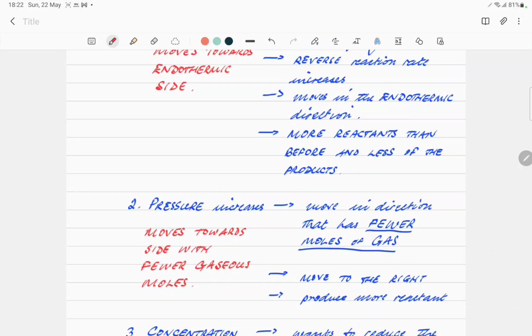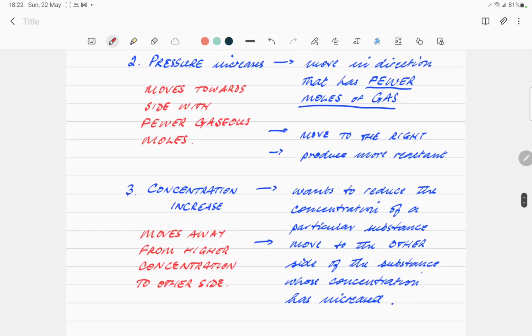You literally count up the moles of gas on both sides in a balanced reaction. It's got to be the balanced reaction equation. Whichever side has the fewer number of gas moles, that's the direction it'll go in if you increase the pressure. If you decrease the pressure, then it'll obviously go towards the side with more gaseous moles.